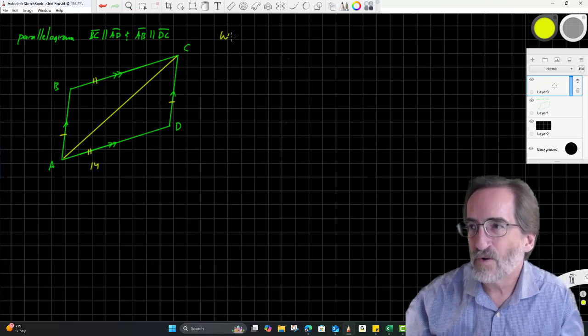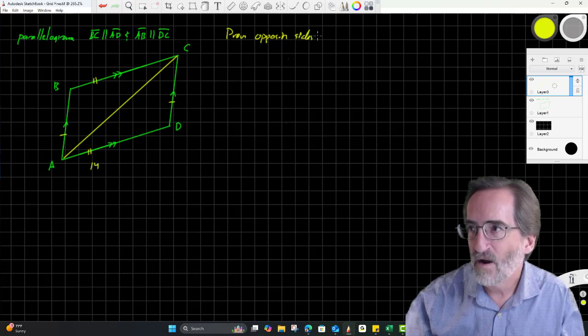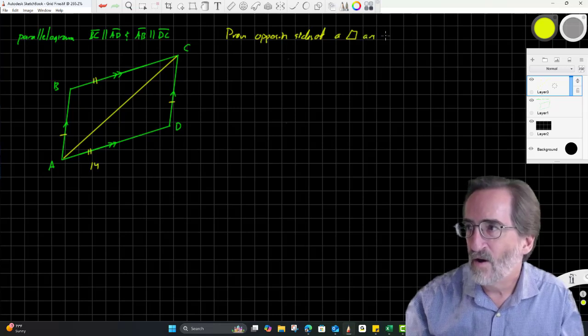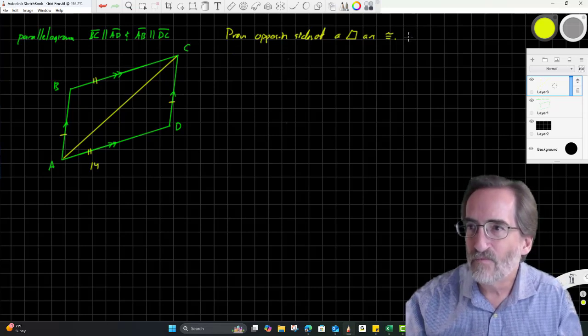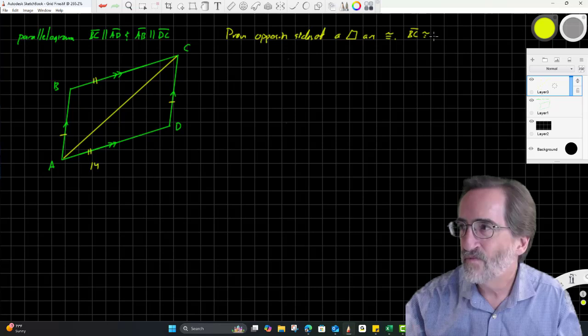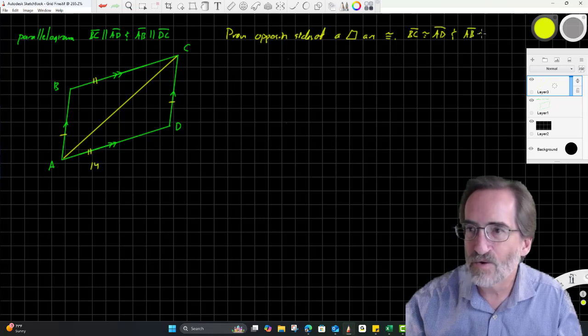So we're going to prove opposite sides of a parallelogram are congruent. Literally, we're going to prove that BC is congruent to AD and that AB is congruent to CD.